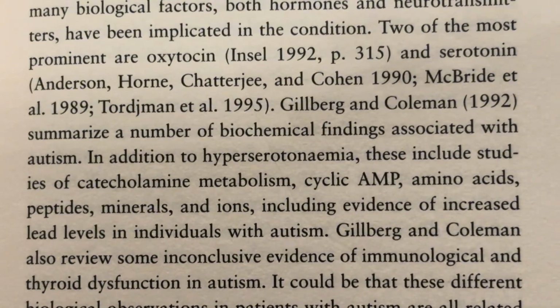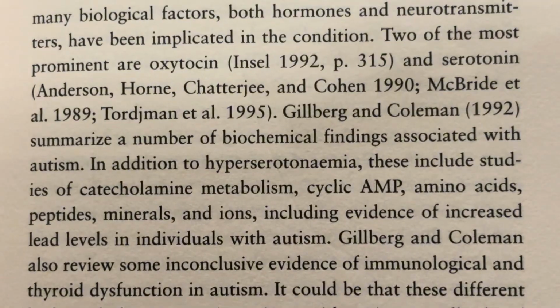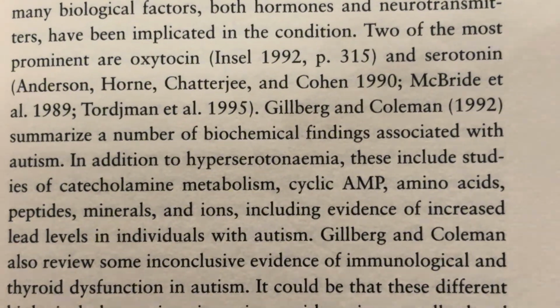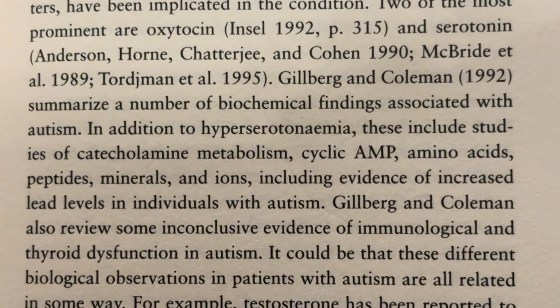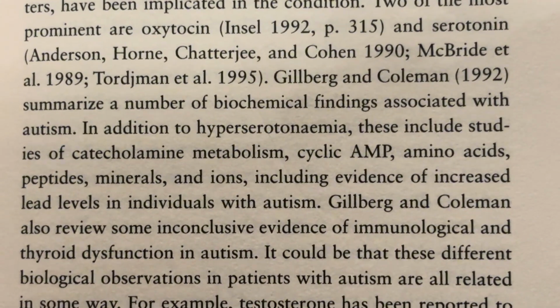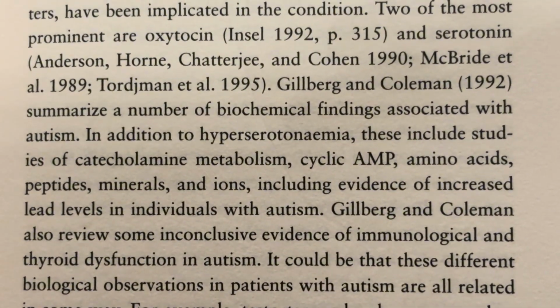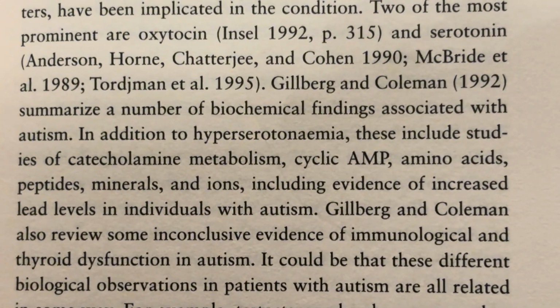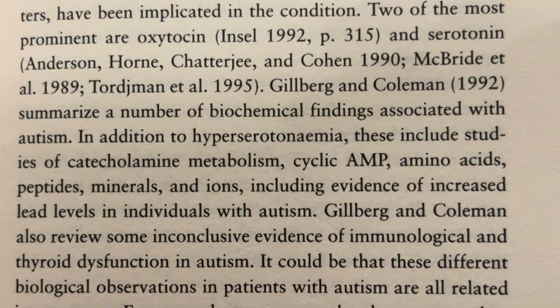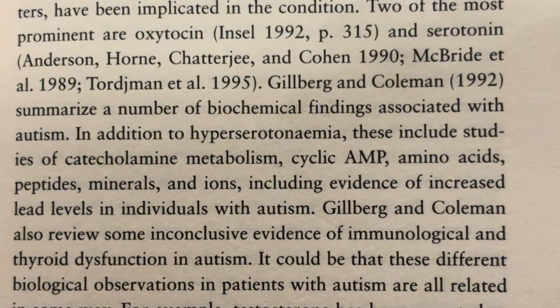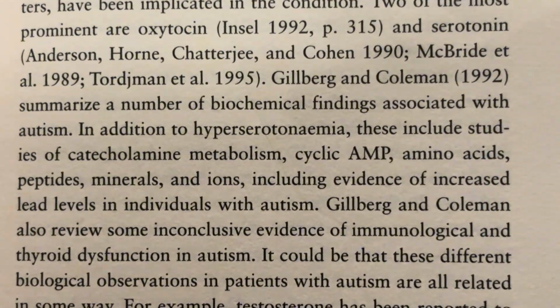These include studies of catecholamine metabolism, cyclic AMP amino acids, peptides, minerals, and ions, including evidence of increased lead levels in individuals with autism. Gilberg and Coleman also review some inconclusive evidence of immunological and thyroid dysfunction in autism.